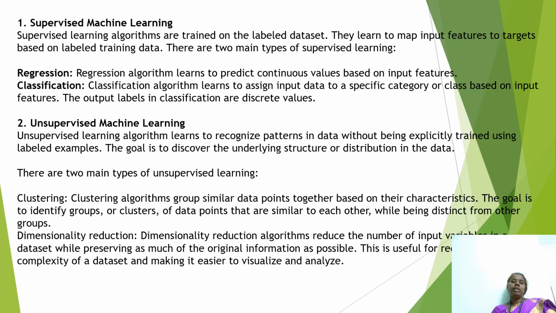There are two main types of unsupervised learning. First one, clustering. Clustering algorithms group similar data points together based on their characteristics. The goal is to identify groups or clusters of data points that are similar to each other while being distinct from other groups.